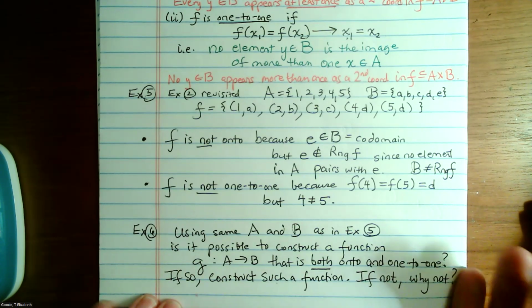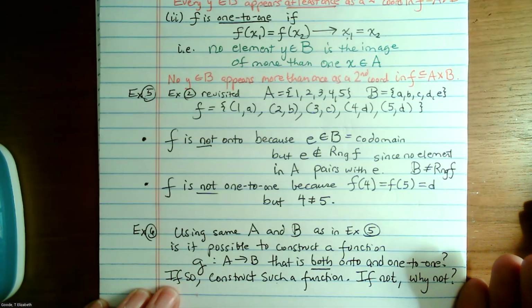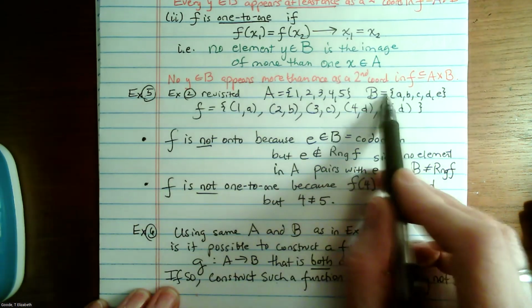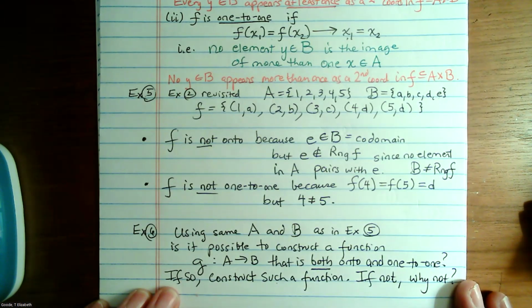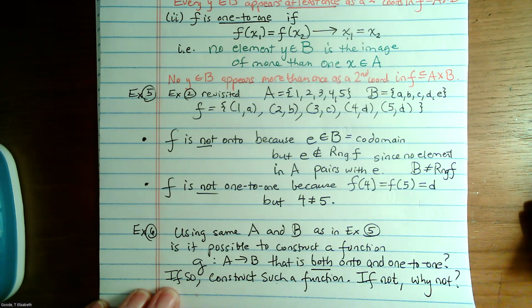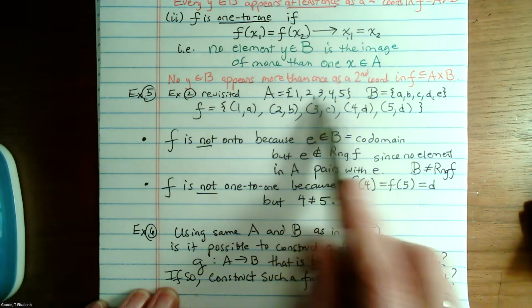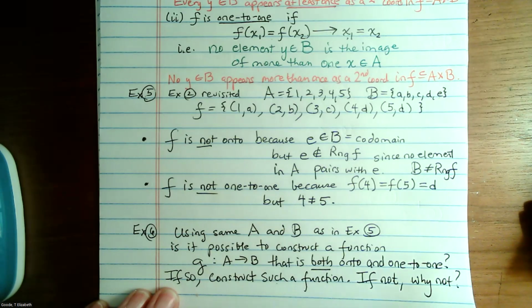So can we build a one-to-one and onto function from this A to this B? Yes. And what's kind of the key thing happening? What is it that makes that possible? Do you kind of see what's going on here with these finite sets?